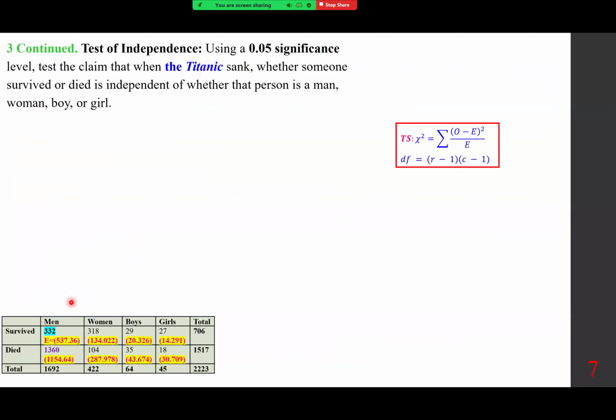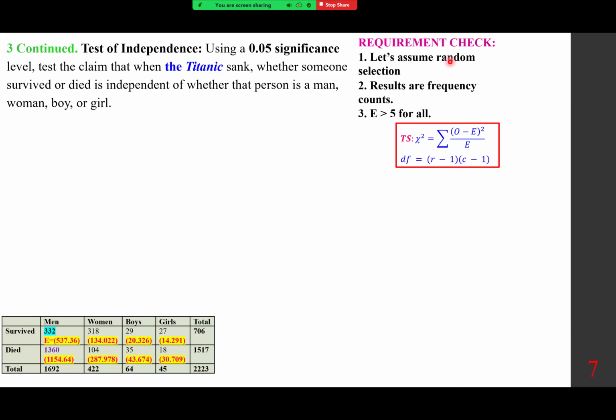But we are looking at various groups of men, women, boys, girls, and the fact whether they survived or not. We are checking the relationship, the dependency between the gender in essence and age in essence with survival.